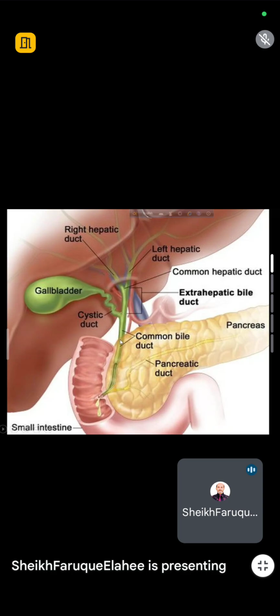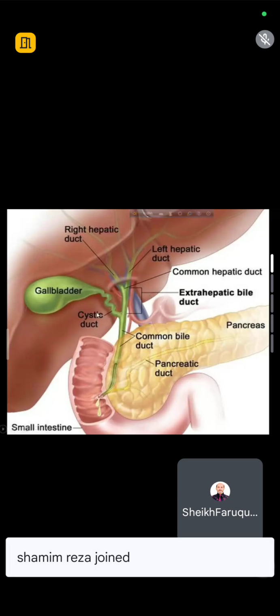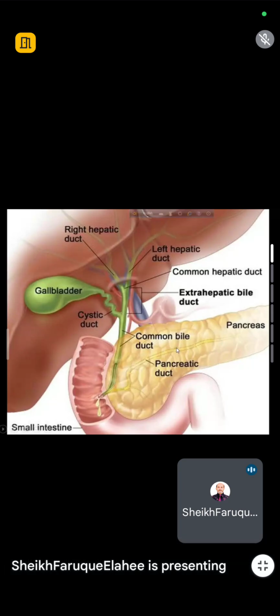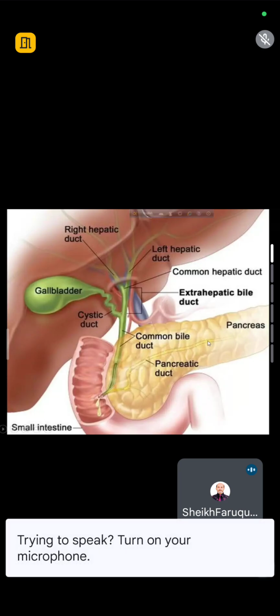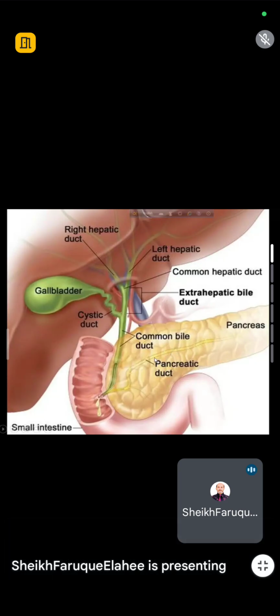This common bile duct again goes below to meet another duct coming from the pancreas. You see, this is the pancreas, and the pancreas has so much secretion. This secretion comes through this duct. This is another duct, called the pancreatic duct.